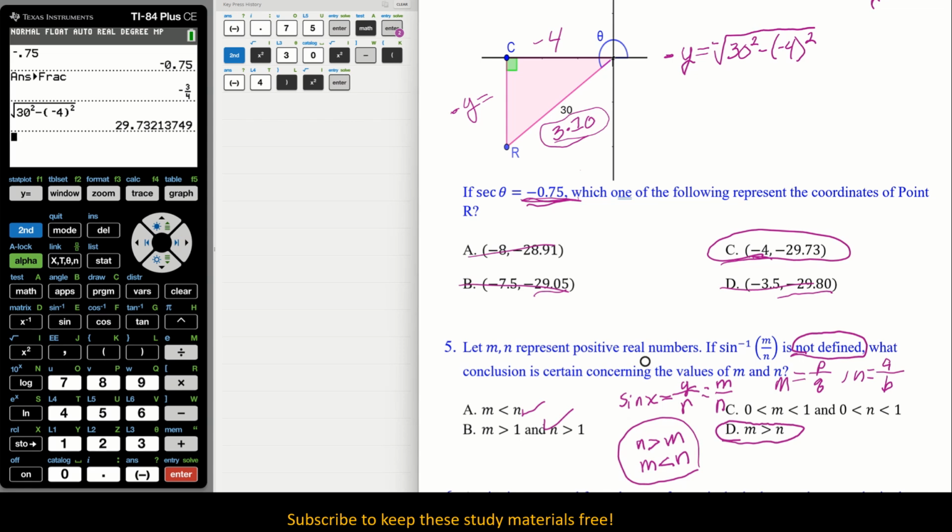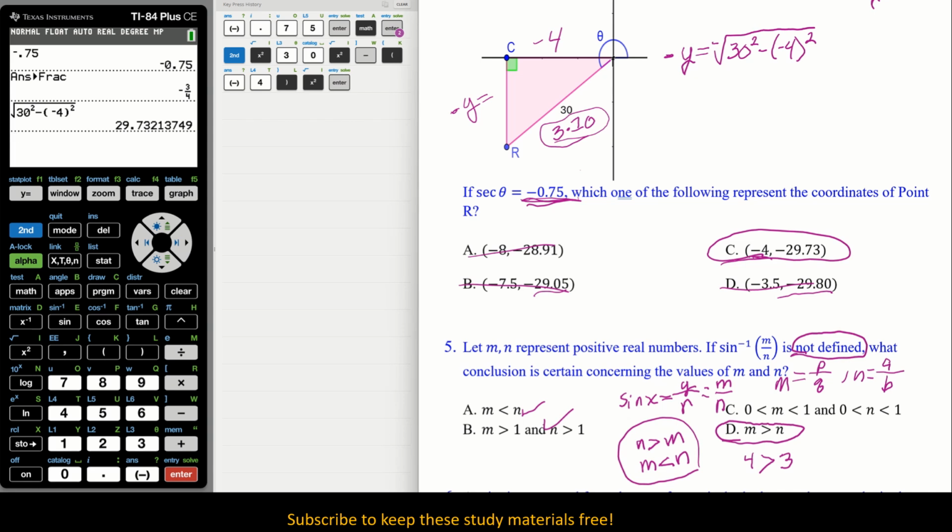You almost have to stop the video and use some values that are reasonable and start playing with it on your own. And this is what I did. I said that M was 4 and N was 3. And we're looking for undefined.